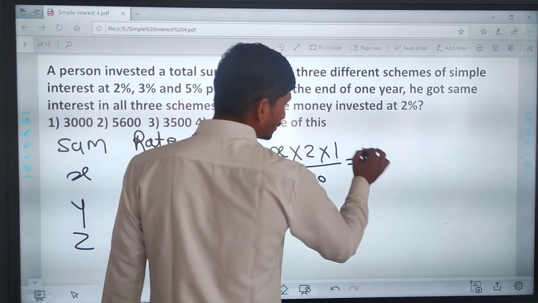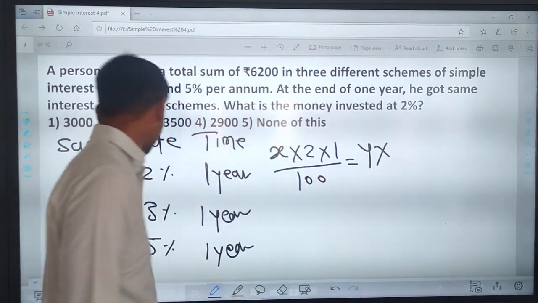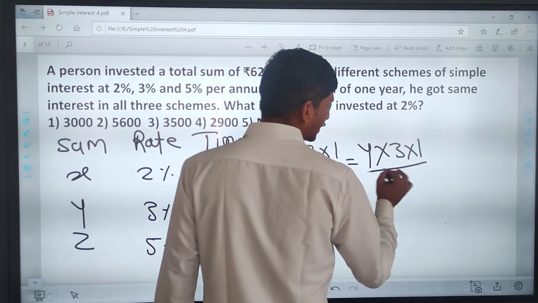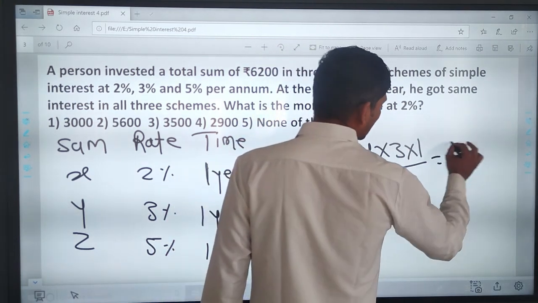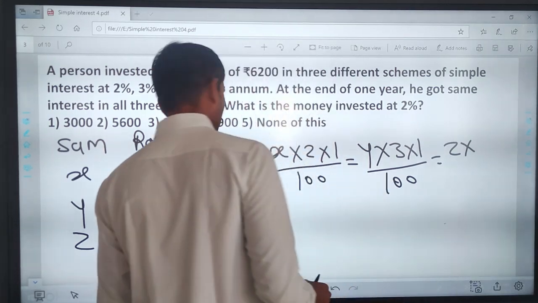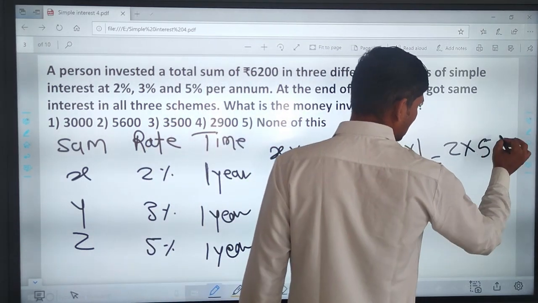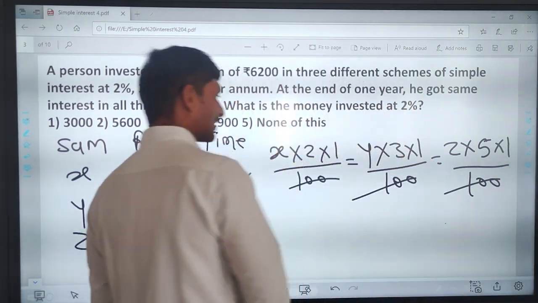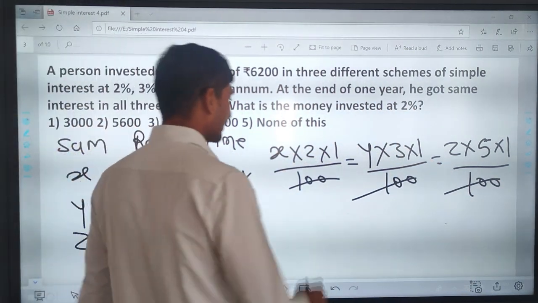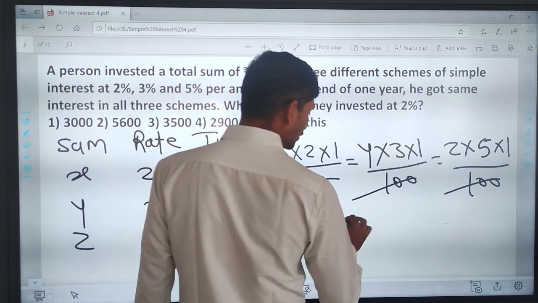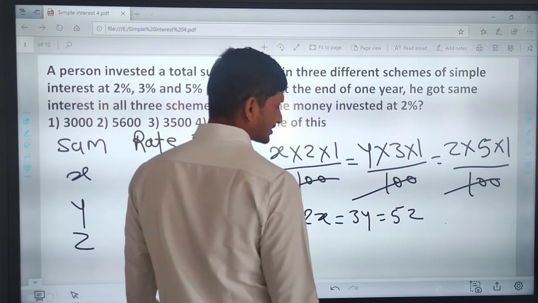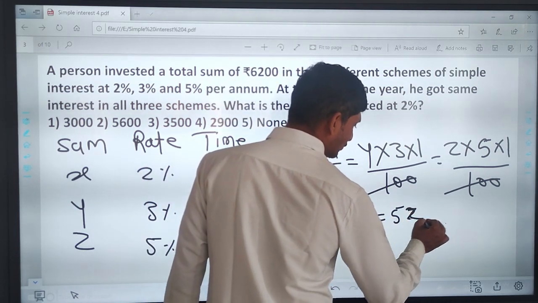This is equal to the interest on sum y at 3% for 1 year divided by 100, which is equal to z into 5 into 1 divided by 100. Here 100 gets cancelled. Now the remaining is 2x is equal to 3y is equal to 5z.